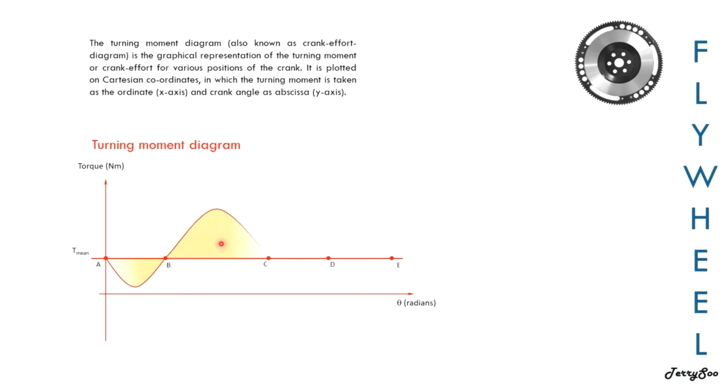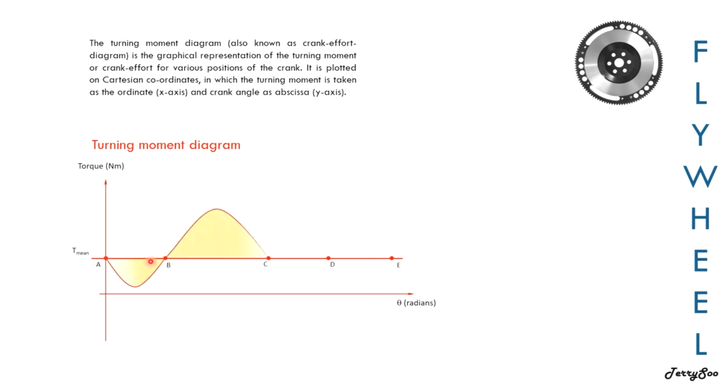You can see this represents the fluctuation of energy from minimum to maximum, and so on, for one cycle of the rotation of the flywheel. The shaded portion actually represents the work done, or the angular kinetic energy. Anything above this line, which we call the mean resisting torque line, any area which is above is considered as excess energy.